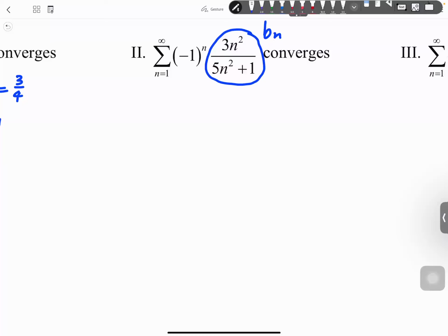B sub n. We need to check number 1, that B sub n, so the 3n squared over 5n squared plus 1. We need to check to see that that is a decreasing sequence. So when you graph that, let's quickly graph it on our calculators. Let's make sure. And you can just graph it as a function.